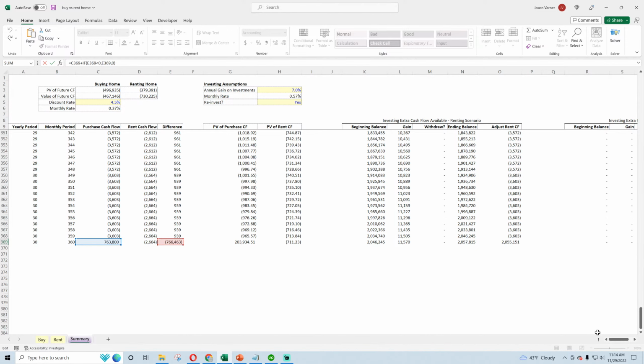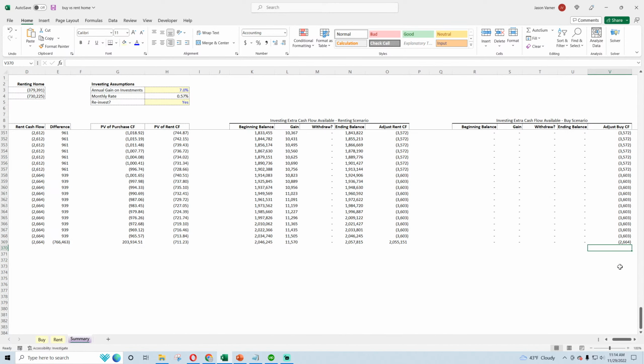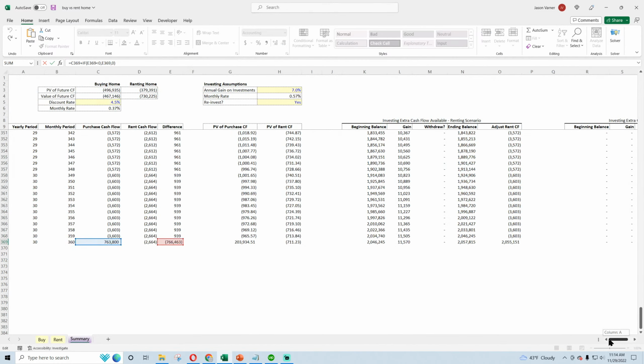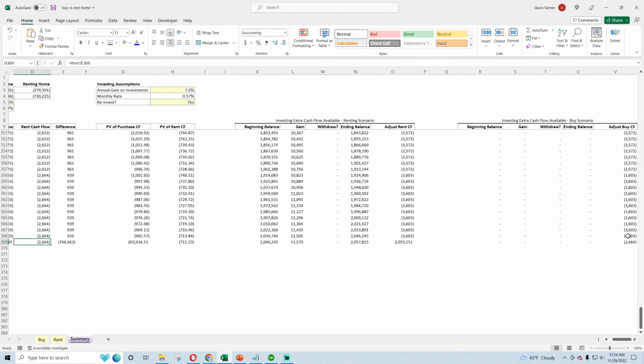Now the last period was 2664. That is the rental cash flow. So if that period matches, we want to do a completely different calculation.